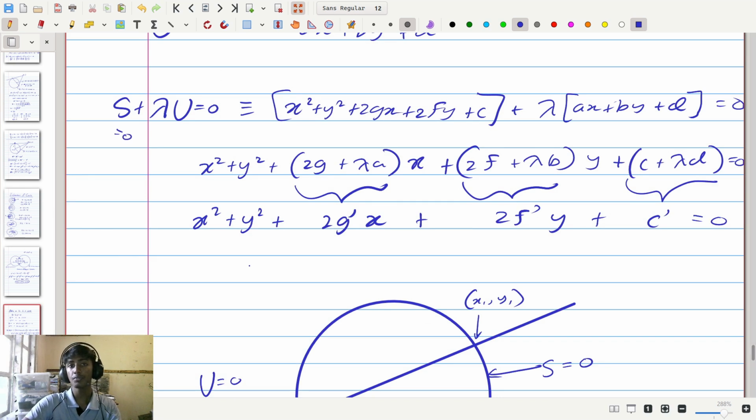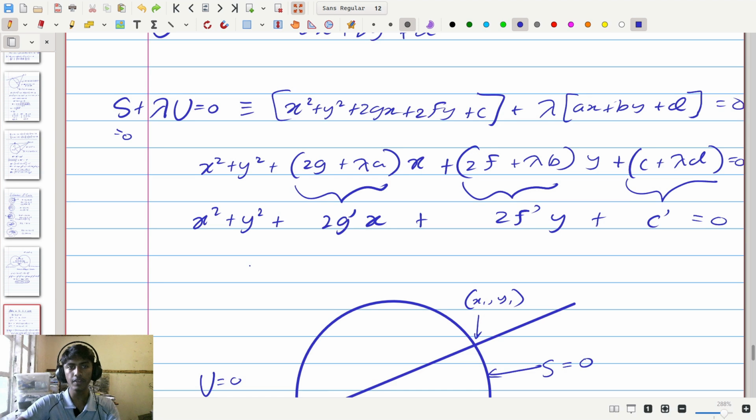As in, if we substitute x equals x2 and y equals y2 into S, it would be 0. And if we substitute the same thing into U, this would also be 0. So here we have, in both cases, 0 plus lambda times 0. Considering 0 plus lambda times 0, we know that must be equal to 0 no matter what lambda is.